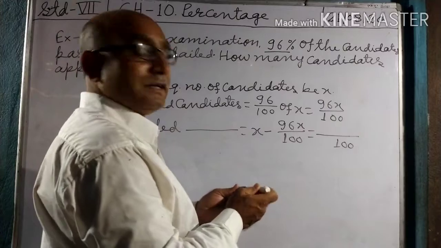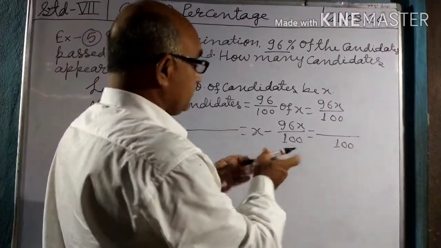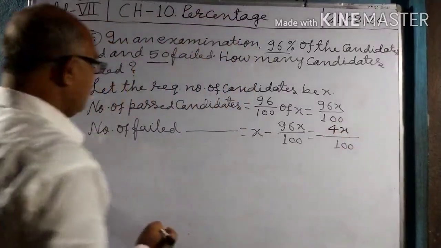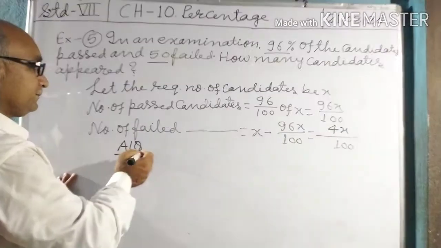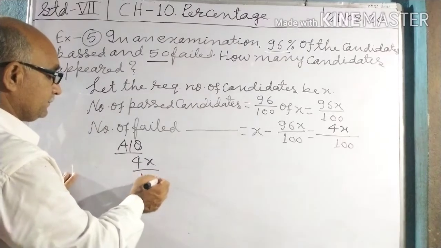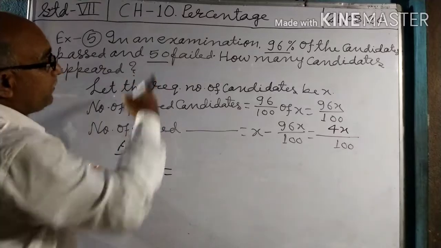So 100x minus 96x equal to 4x, so 4x by 100. According to the question, 4x by 100 equal to 50.